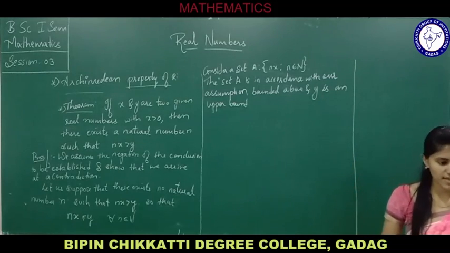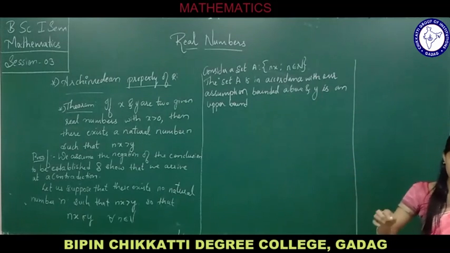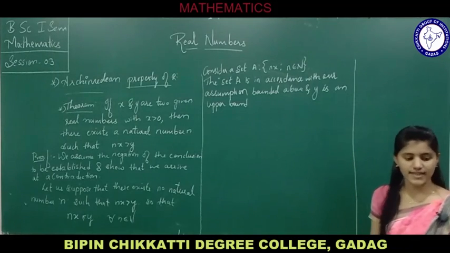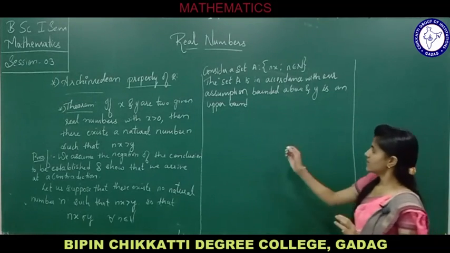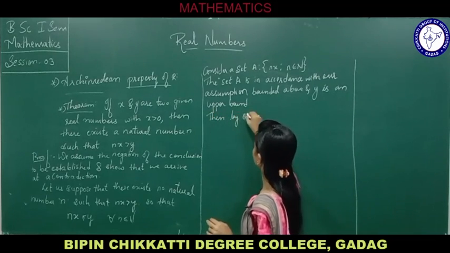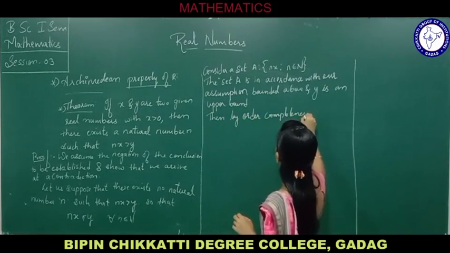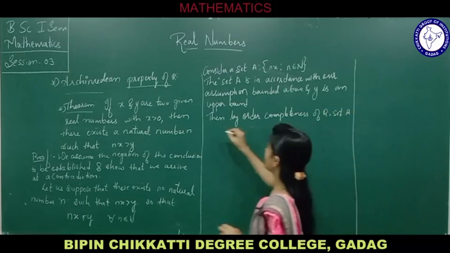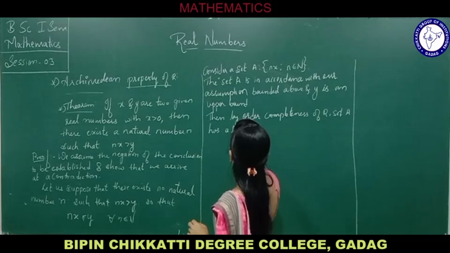So what is going to happen next? Then by the order completeness of R, just as we have studied in the definition, set A admits of at least one upper bound. By the order completeness of R, set A has a least upper bound.